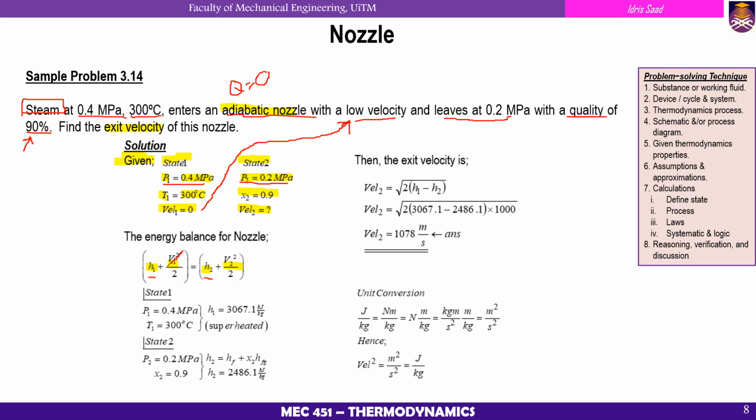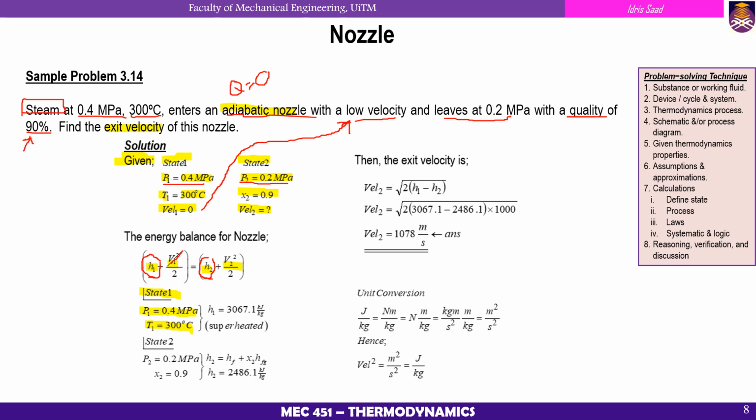Okay, so based on this equation, we don't know the value of H1 and we don't know the value of H2, so we have to determine H1 and H2 based on the states. Now we go to state number 1. As usual, this is water. We have to define the state first. P1 is equal to 0.4 megapascal, T1 is equal to 300 degrees Celsius.